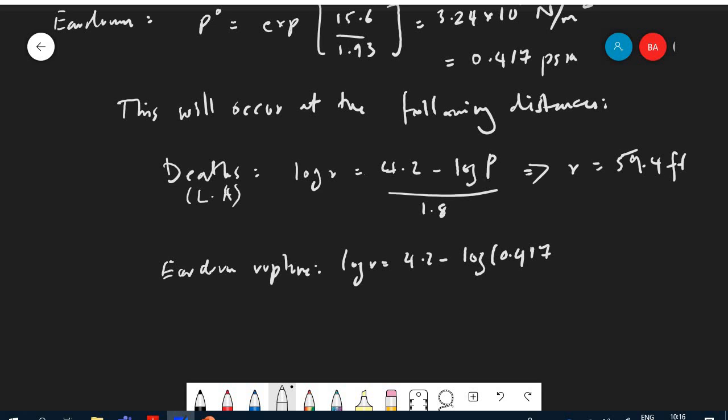It was 0.47 actually, so I'm just going to correct that. So here's 0.47 divided by 1.8, and the radius is going to be equal to 328 feet.